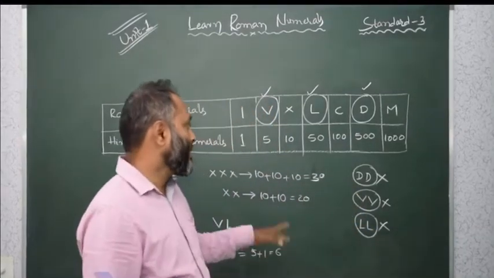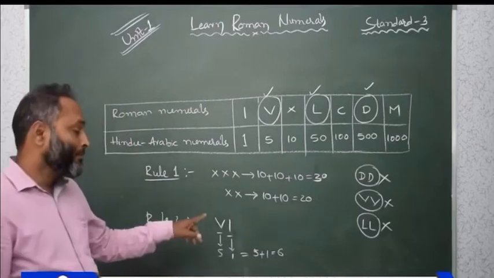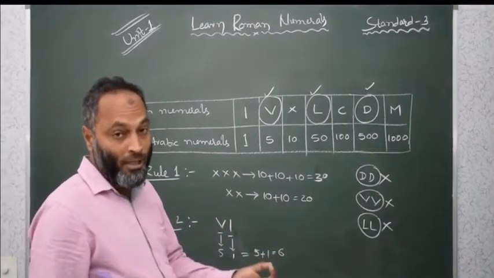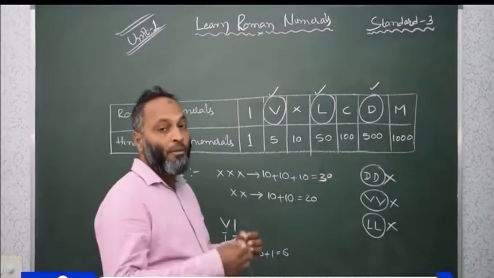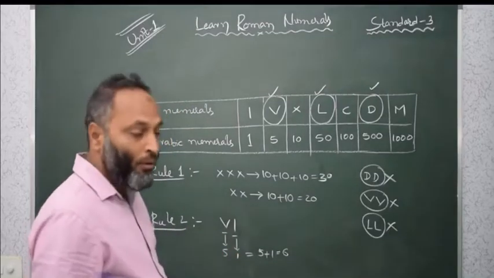Other than this, other Roman numerals will repeat. Then the second rule, if the smaller Roman numeral is after, on the right side of the bigger Roman numeral, we have to add. This is the second rule.